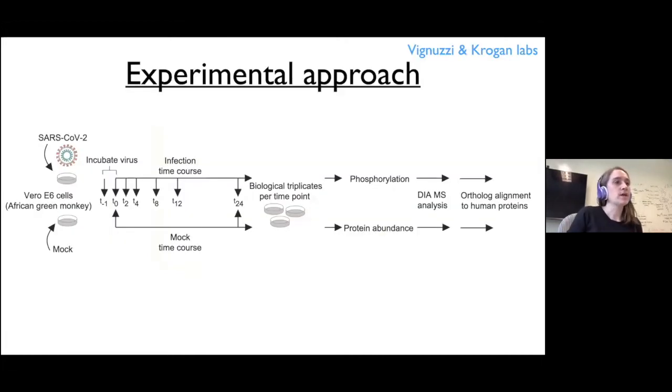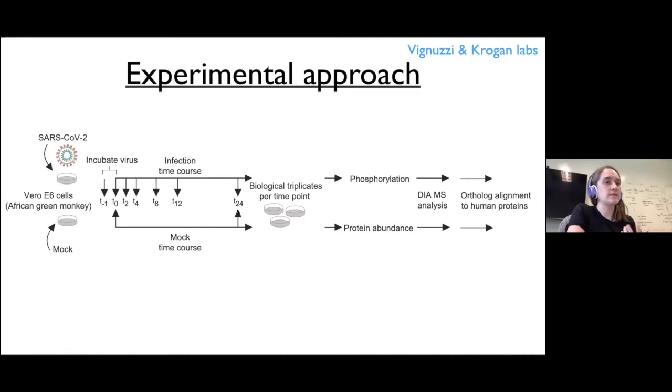And so the founding experiment for this project was we started with Vero E6 African green monkey cells, and these were selected because they're extremely permissive to SARS-CoV-2 infection. We either infect these cells and then harvest after an hour of incubation or across 24 hours of infection, or we perform a mock infection for comparison and harvest at the beginning and the final time point.